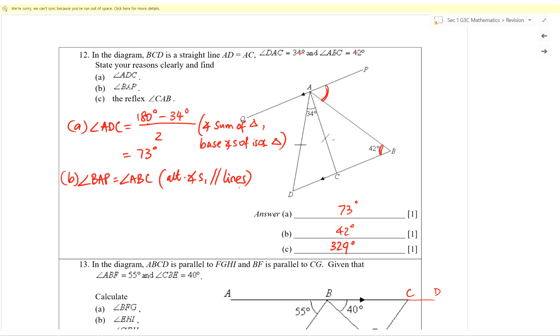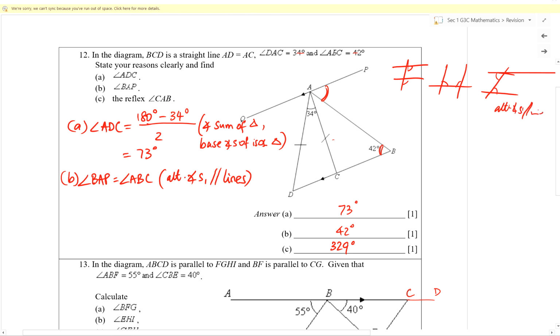What letter is that? I keep writing these things for you all. Do they look familiar? Right, these angles. So which letter did Aloysius use for this? Z. Okay, so this one will be our alternate angles.